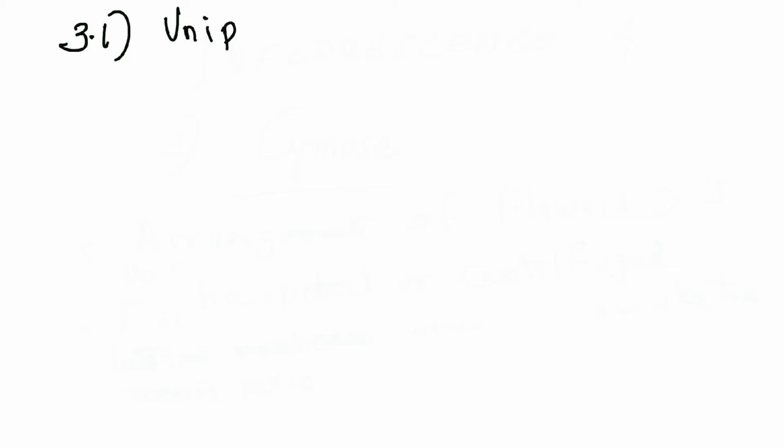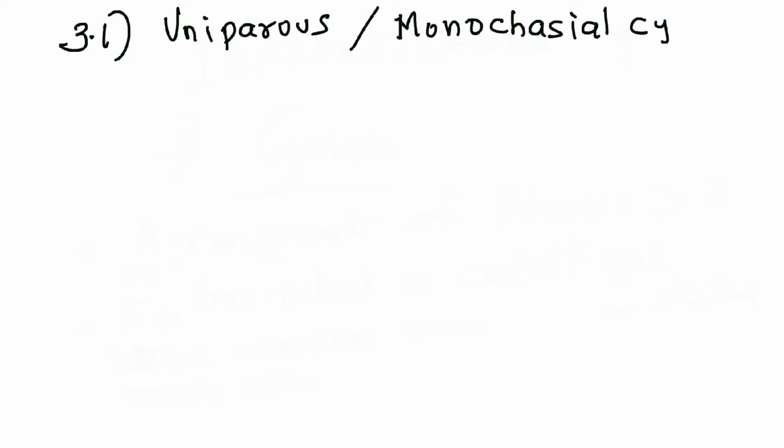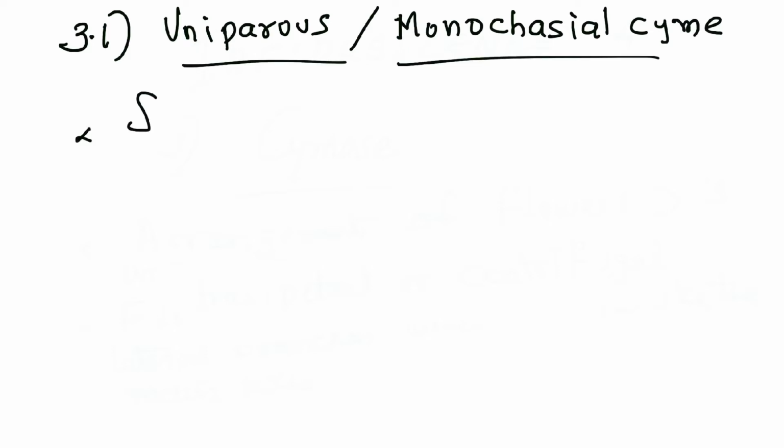Now, Cymose inflorescence has basically three divisions, and we are looking at the first division, that is Uniparous or Monochasial Cyme. And a very important point as far as the Monochasial Cyme is concerned is the presence of what is called a sympodial peduncle.